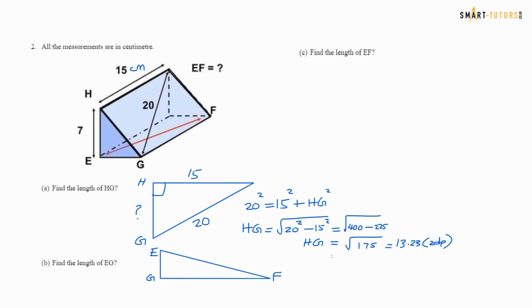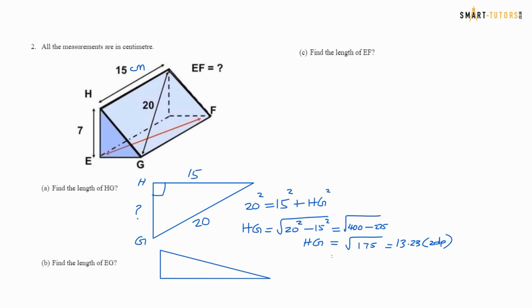So FG is the same as 15, and EG we don't know and EF we don't know, right? And so this is the wrong triangle I have drawn. So now trying to think which triangle will help me to find EG.